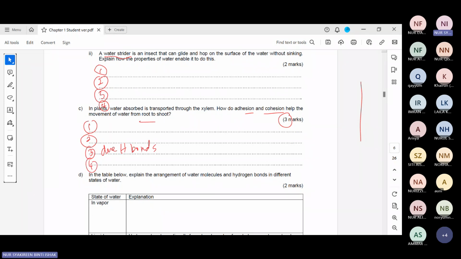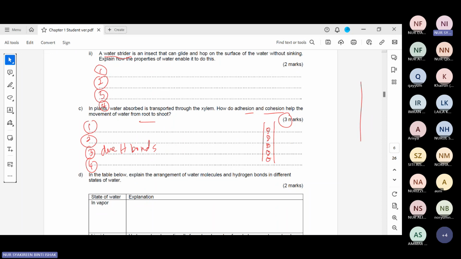For the next point, there is no extra point, meaning you can elaborate more. Cohesion helps pull together the column of water in the xylem. The water molecules are attracted to one another to form a column of water.